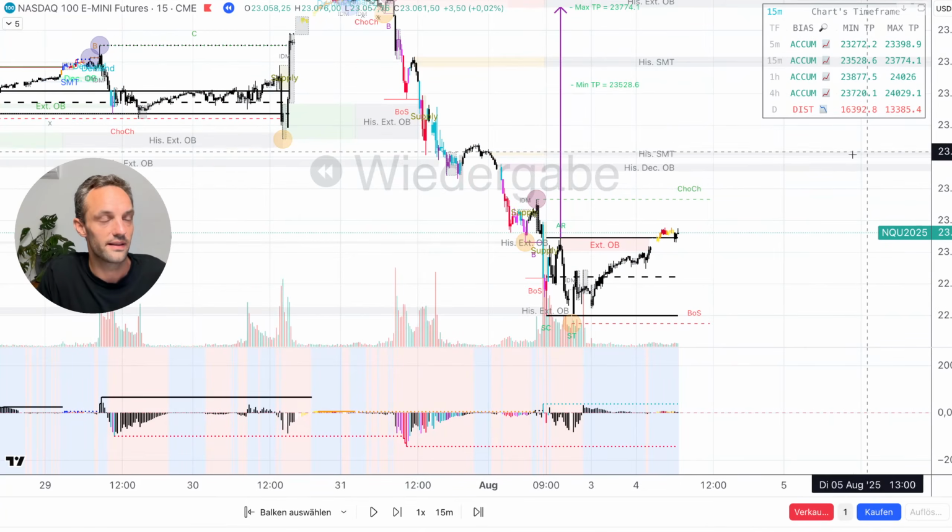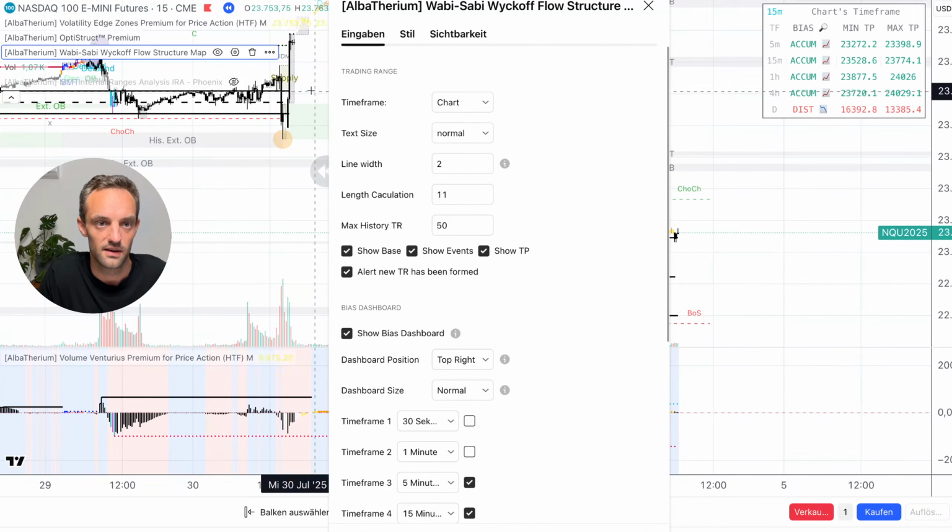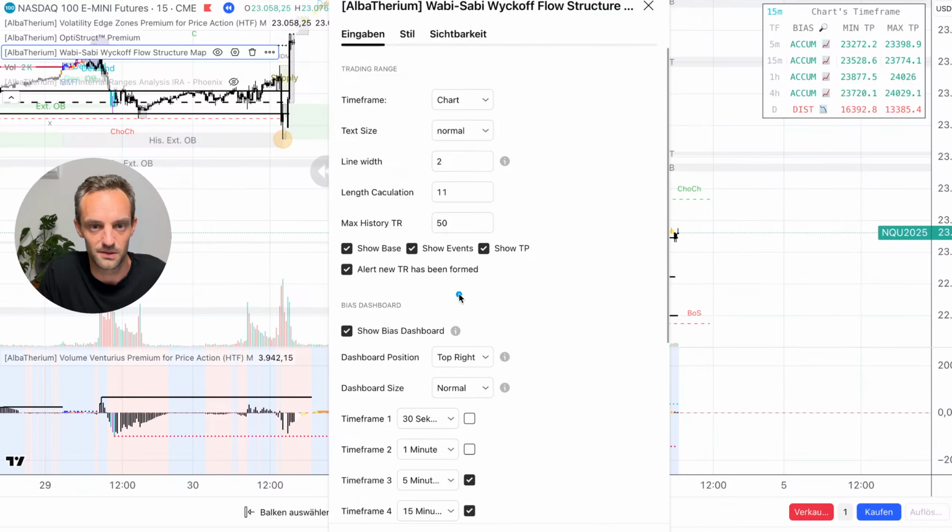Okay, there was another question about alerts from Wabi-Sabi Flow Structure, and it says here, alert when a new trading range has been formed. Currently, this is only a visual alert.